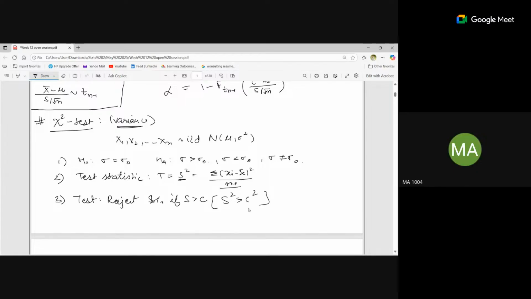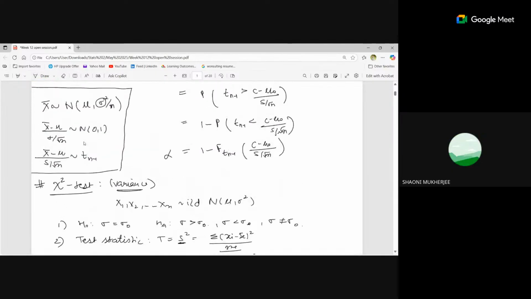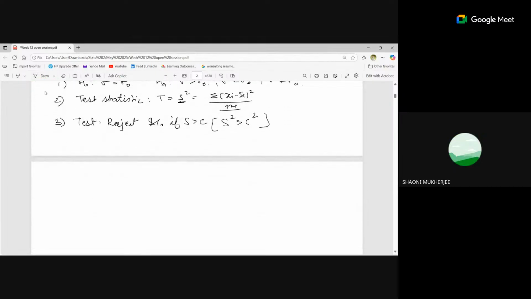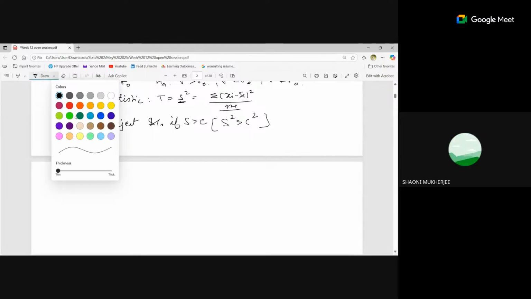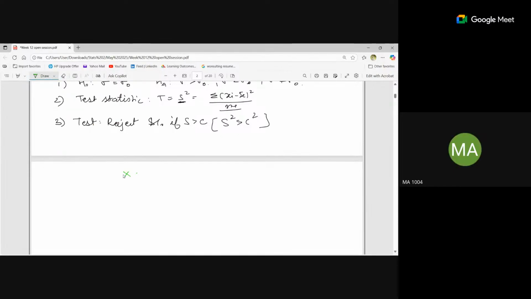Now, you have to remember, if my X bar is following a normal with mu comma sigma square by n variance, then n minus 1 S square divided by sigma square will be following chi-square distribution with n minus 1 degree of freedom. So this value follows a chi-square distribution, correct?